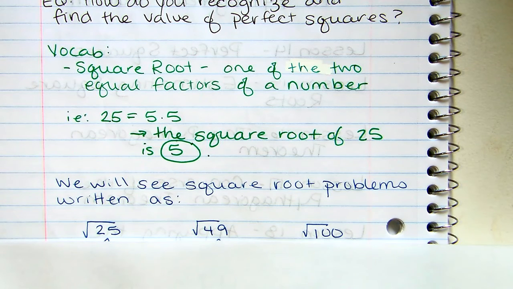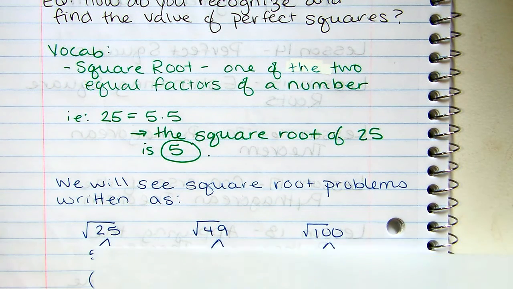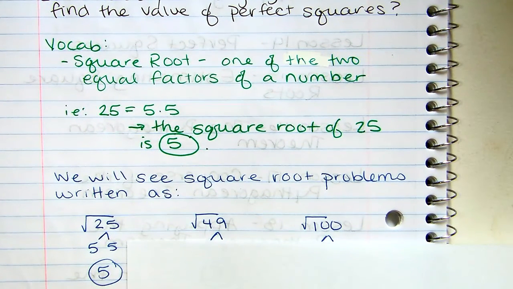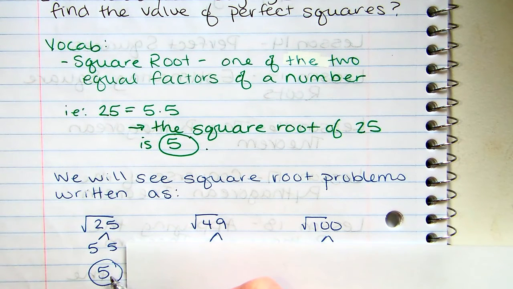So here, the square root of 25, we know that, I just covered it. The square root of 25 is 5 because 5 times 5 gives us 25. So the same number together comes together as 1 down below. So my answer is 5.